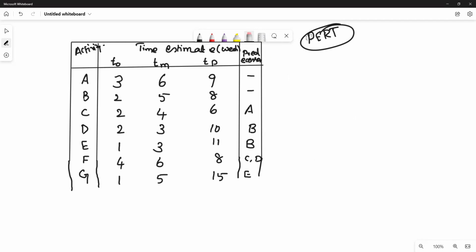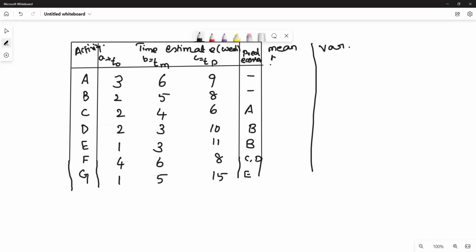What is that? The 3 time estimates, we are going to bring to a single time estimate by taking the average, that is mean. So we are going to find the mean value as well as the variance value for each of the given activities. What is the formula to find mean? T naught, general notation is A, TM is B, TP is C. Then the mean is calculated as (A plus 4B plus C) by 6.